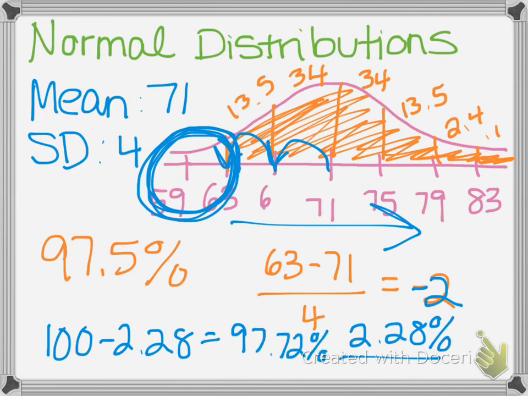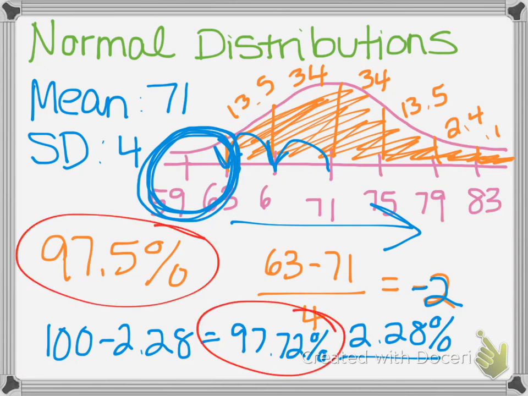So these two percents, 97.5 and 97.72, are different, but the Z-score table, this chart of all the numbers and all the percentiles, is a little bit more precise than just using your empirical rule. But both of those answers are acceptable.